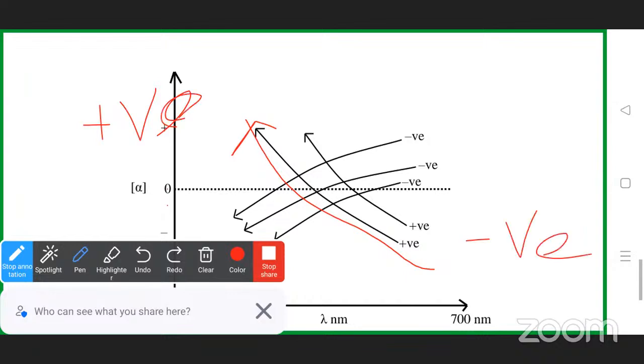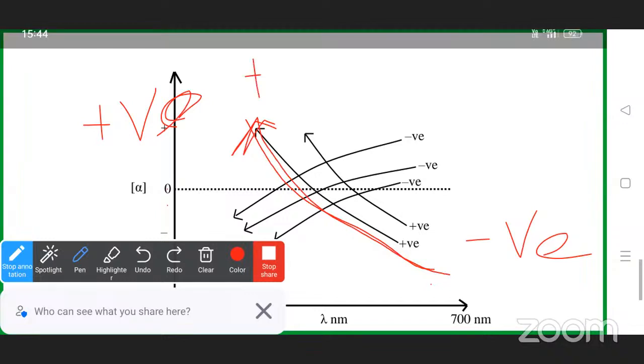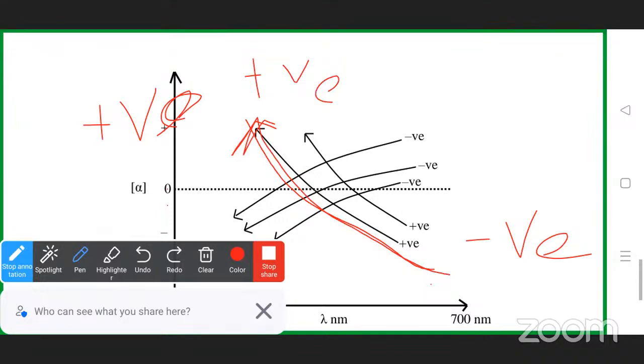This curve is passing from below to above, traveling towards the positive, above phase, so we assign it the positive sign. And here you see it is traveling downwards, so the negative sign is assigned to this.